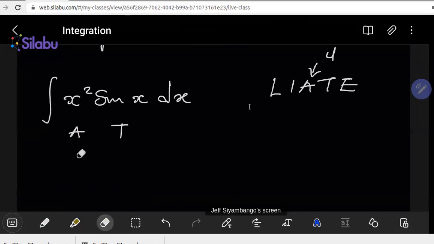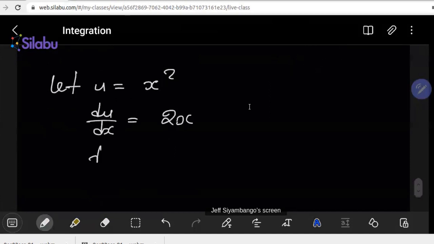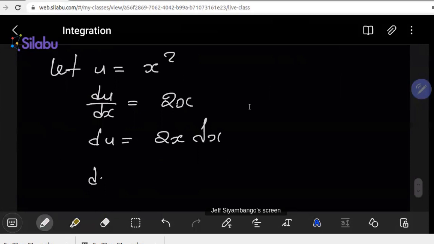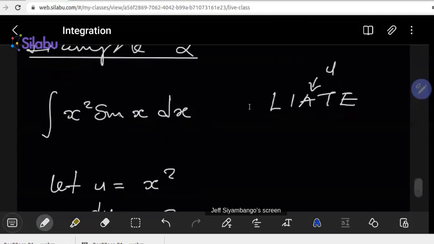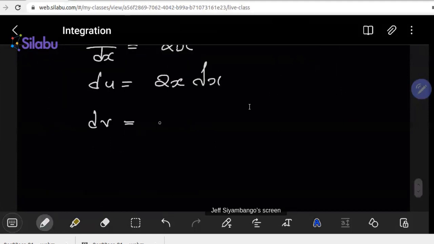So here we let u be equal to x squared, so that du/dx becomes equal to 2x, so that du becomes equal to 2x dx. Then dv. If u is x squared, the rest has to be dv, and the rest is sine x dx. That has to be dv.